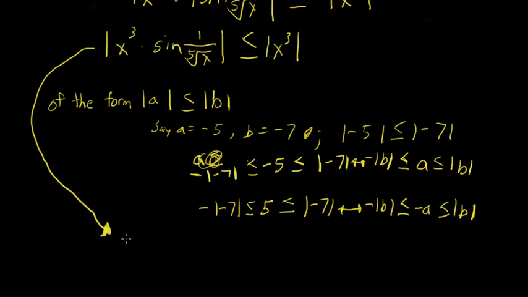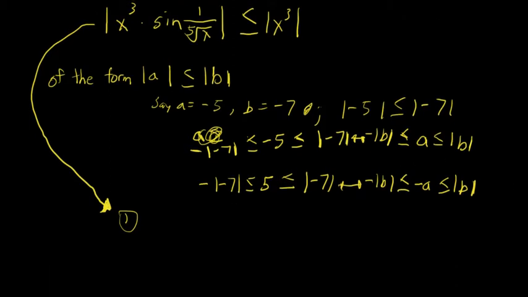The first conclusion we can draw from this is that A here is x cubed sine of 1 over the 5th root of x, which is less than or equal to the absolute value of x cubed. It's greater than or equal to -B, which is negative the absolute value of x cubed.